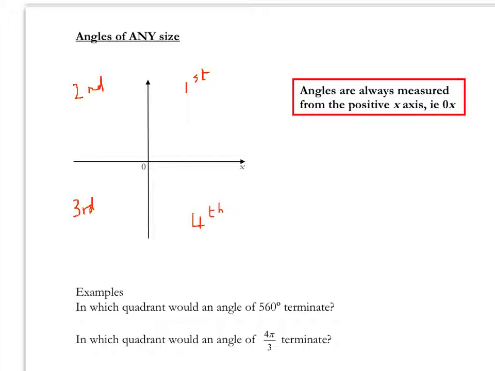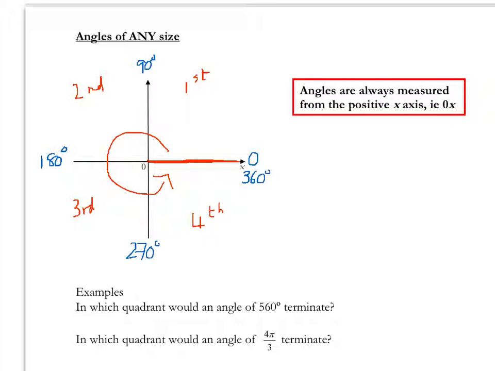And we actually go round in an anti-clockwise direction, and we always start on the x-axis from 0, along here, the positive part, and we work in that direction to measure angles. So for example, if we were to put the angles on here, that would be 0 degrees, 90 degrees, 180 degrees, 270 degrees, then back up to 360 degrees.